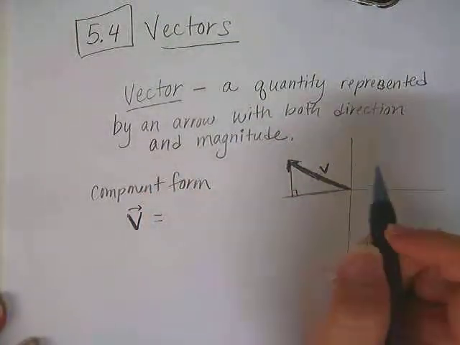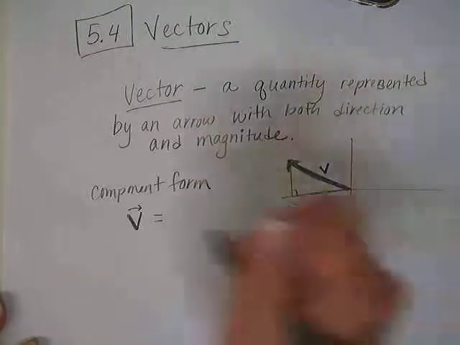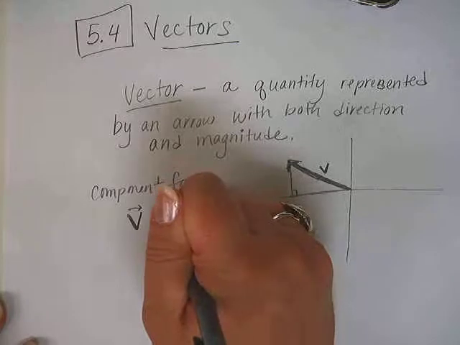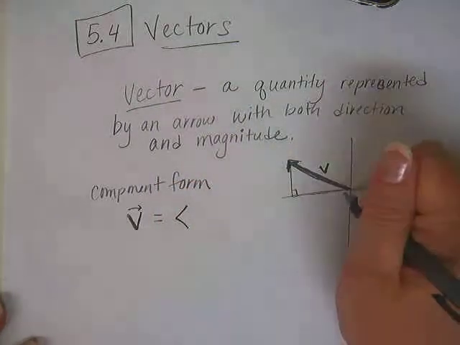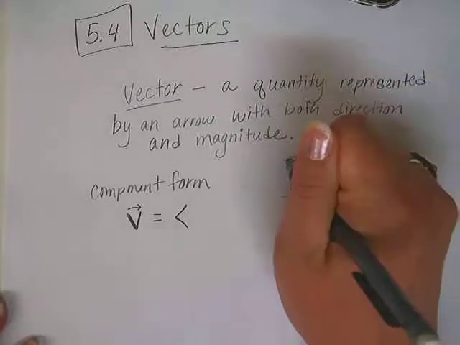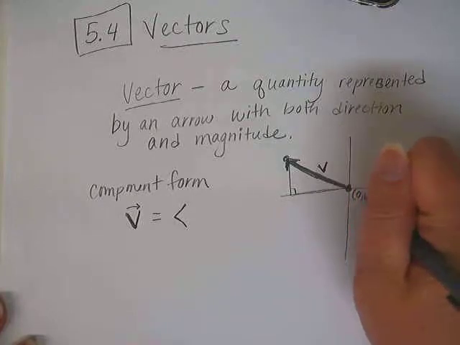How does that sound? And the component form of the vector is kind of like a point on a graph, except instead of using parentheses, we use pointy parentheses, which are more like greater than, less than signs. Okay, so our vector starts at one point and ends at another point.